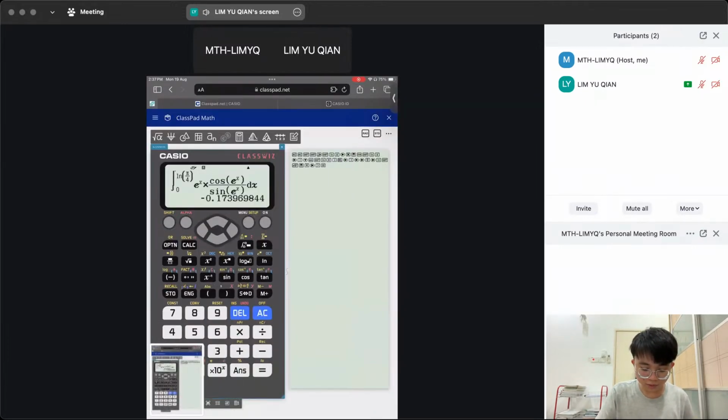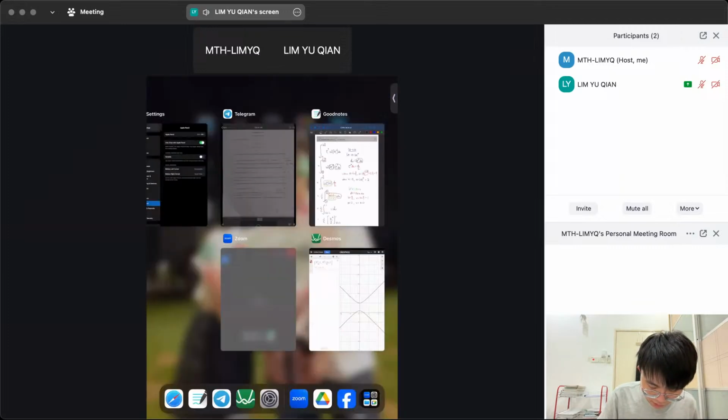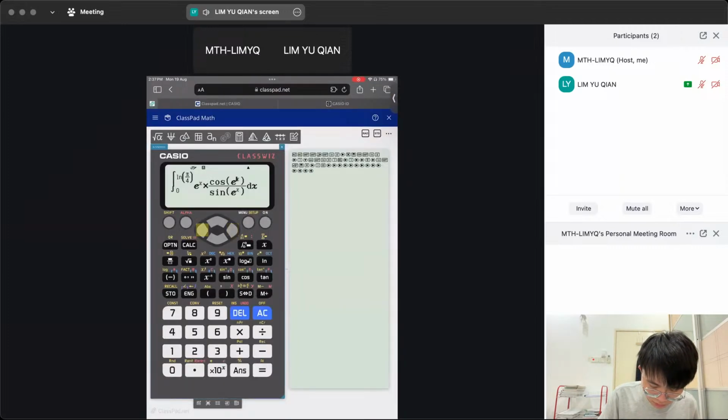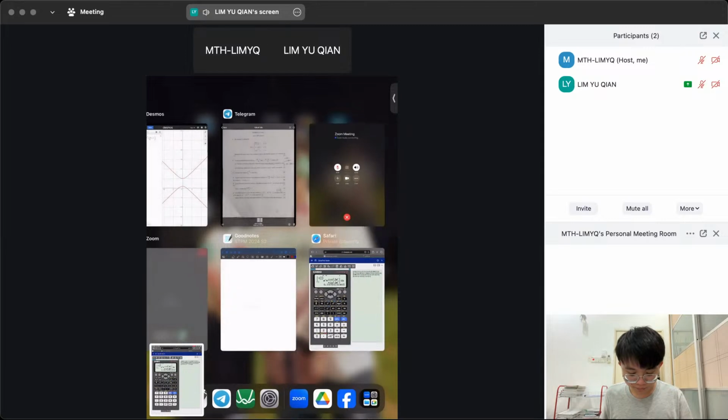Let's check our answer. Oh, 2 e to the x, sorry. Wait, let's adjust. 2 e to the x, so the denominator also 2 e to the x. Okay, positive value, 0.0475.